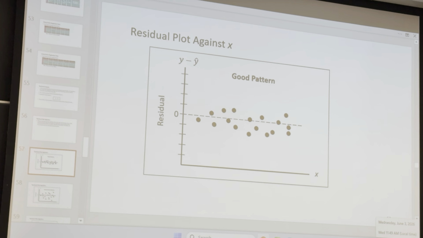There could be 20, there could be 21, there could be 18. For each X value, there are many Y values. The difference between those Y values and the estimated value using the regression line is the error.